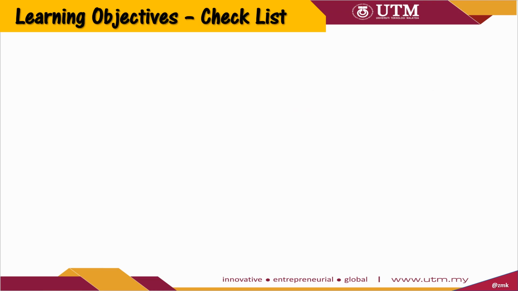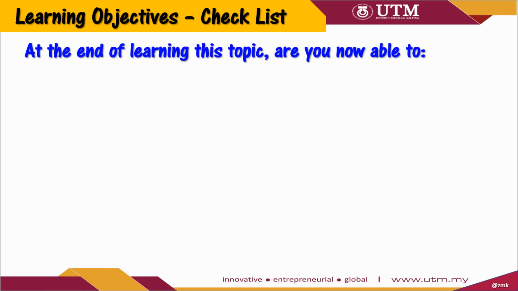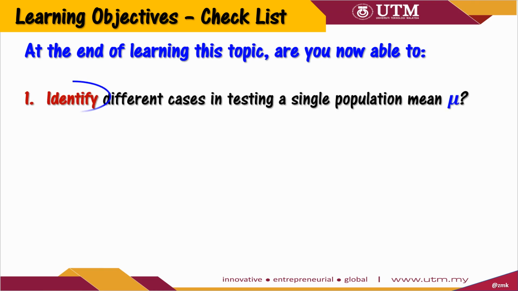Having done a number of examples on testing a single population mean mu, let us do a checklist on this topic. At the end of listening to this video, that is, learning this topic, are you now able to first identify the 3 different cases in testing a single population mean mu?